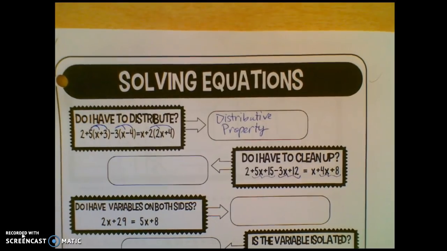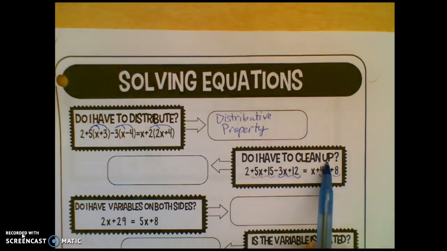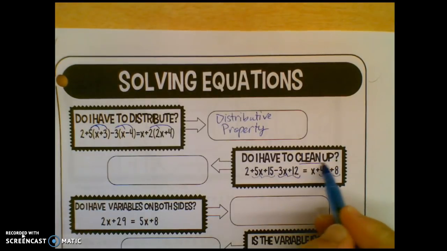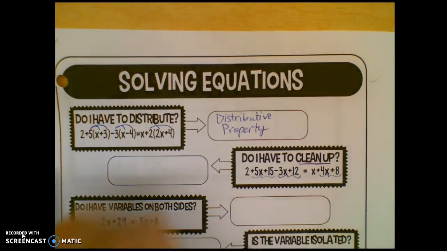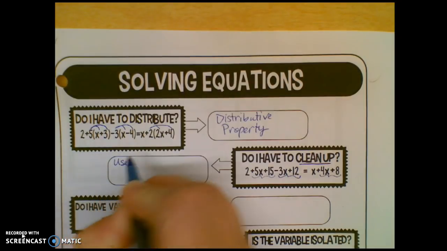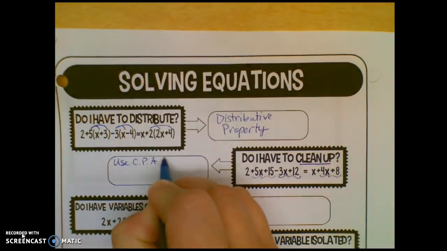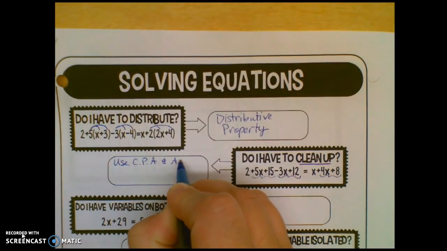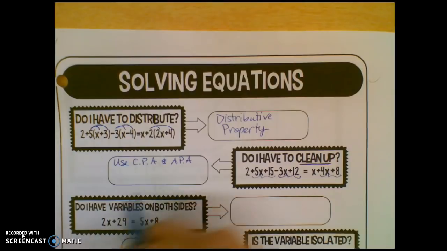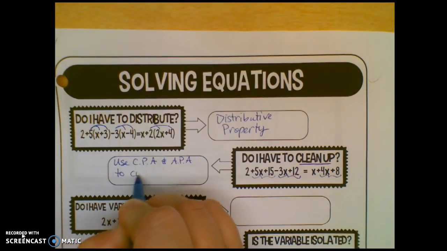The next thing I want you to ask is, do you have to clean up? And by clean up, I mean use the commutative properties of addition and associative properties of addition to combine like terms.